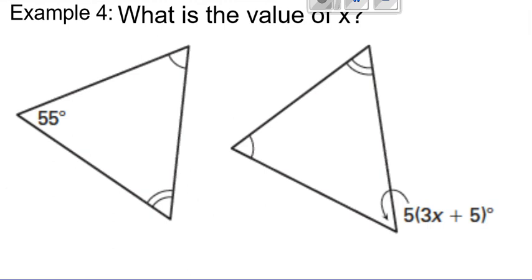What is the value of X? So here's where you're going to use that training your eye system to figure out what information I can pull out of these two triangles. Well, I can see some markings on the inside of the triangles that are telling me that some angles are congruent. So, for example, this single marking here means that it's congruent to this singly marked angle there.